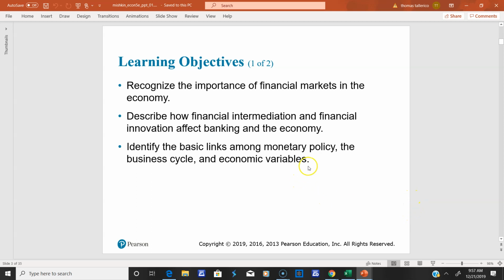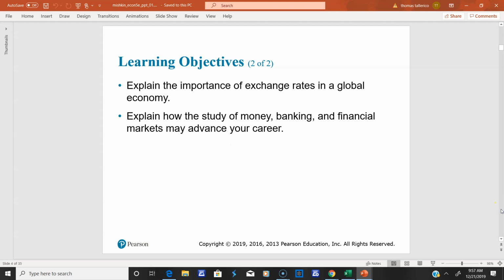And we'll look at monetary policy set by the Fed, and the business cycle and economic variables, and how exchange rates and interest rates are coupled. Interest rates and exchange rates are coupled via interest rate parity.